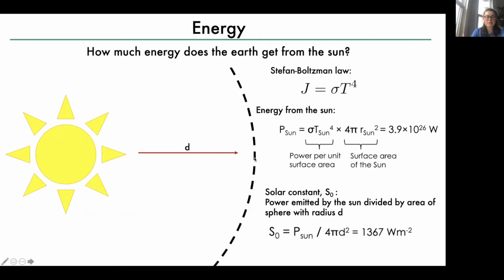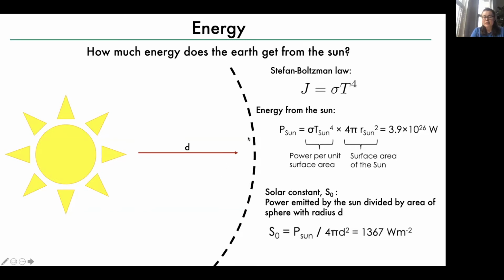So this dotted line here is kind of just showing part of the sphere. If we can imagine like a bubble around the sun, that it has radius d.